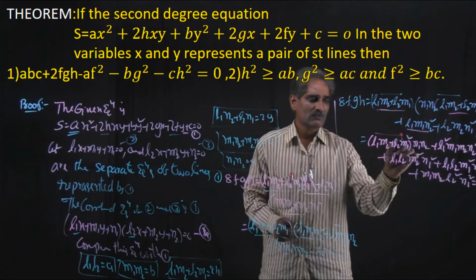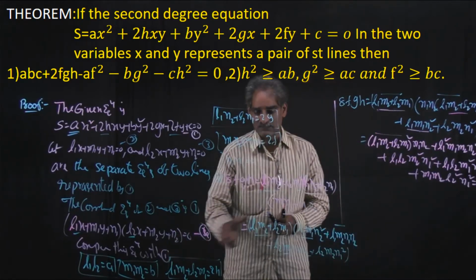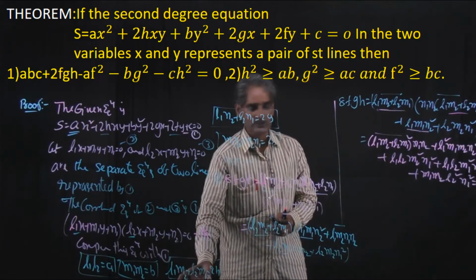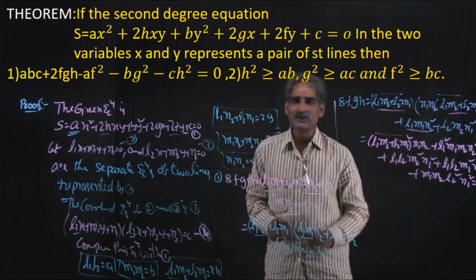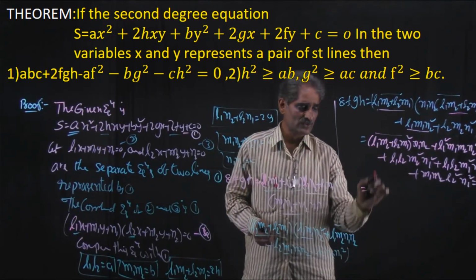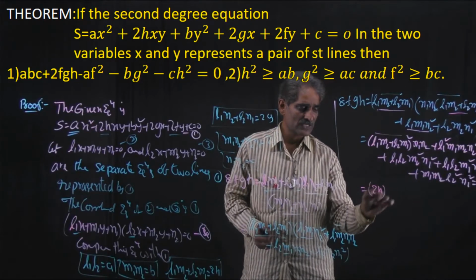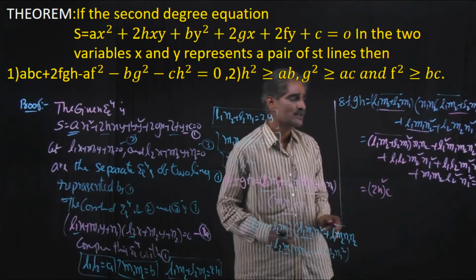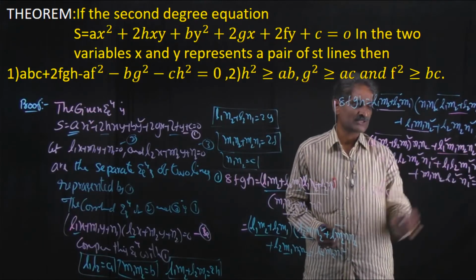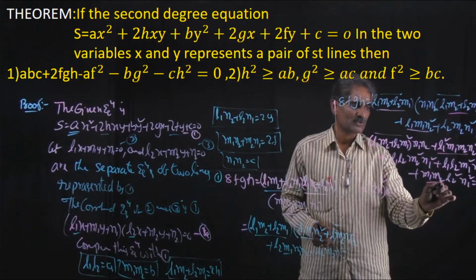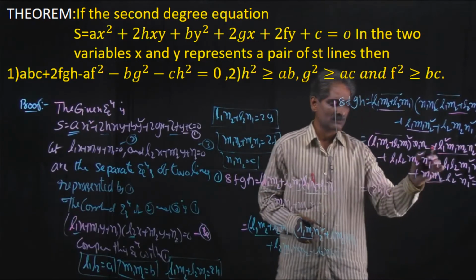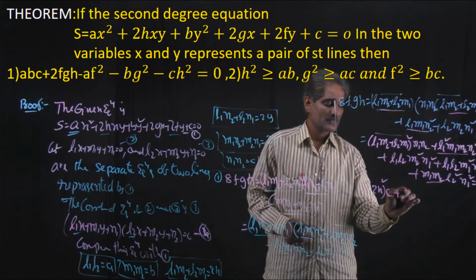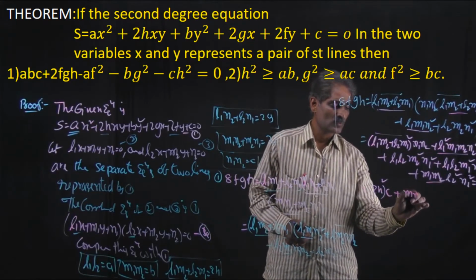Okay, L1 M2 plus L2 M1 is nothing but 2H, N1 N2 is nothing but C. Just write down the values: 2H whole square into N1 N2, which is C. Now observe this term, M1 M2 is there, here also M1 M2 is there. Now take M1 M2 common.